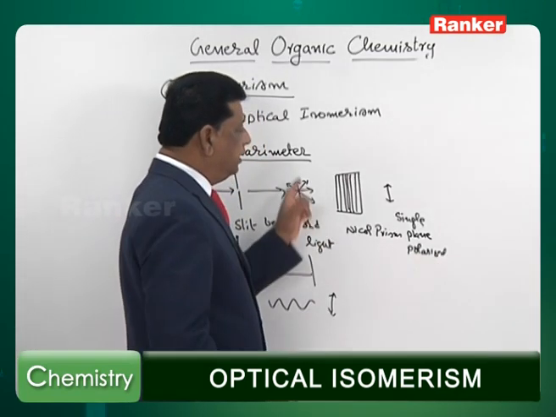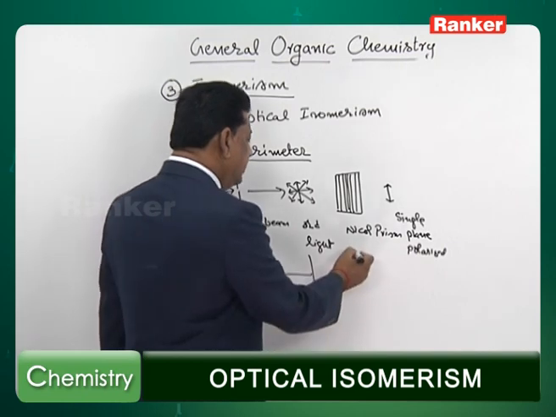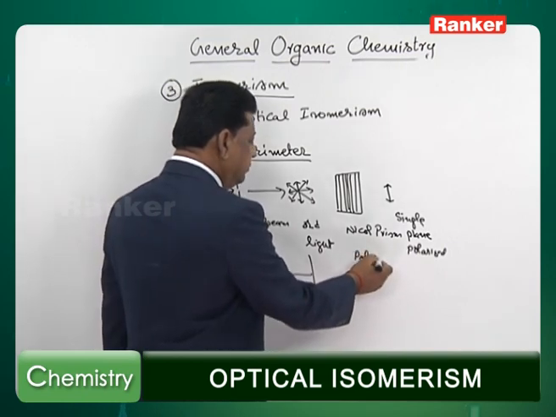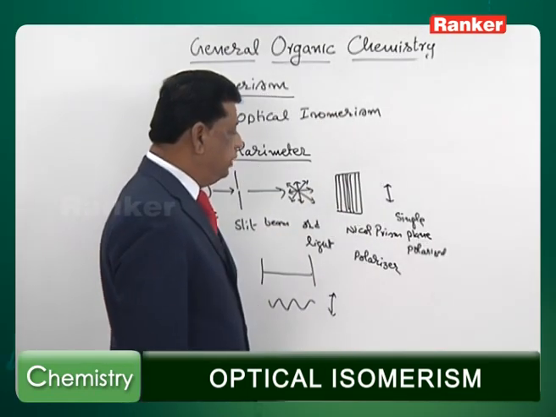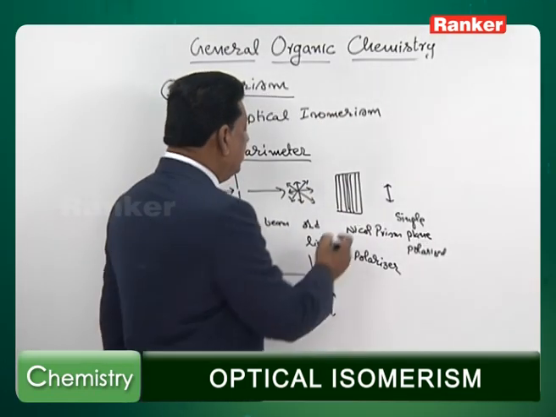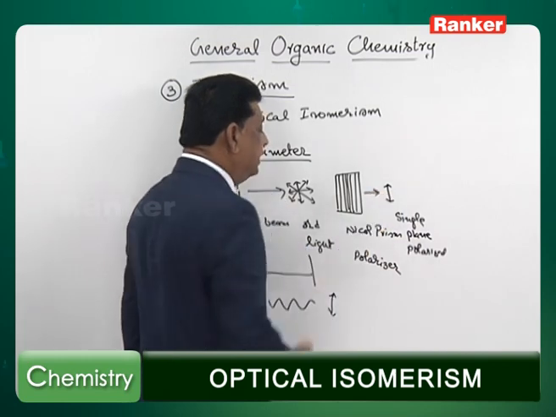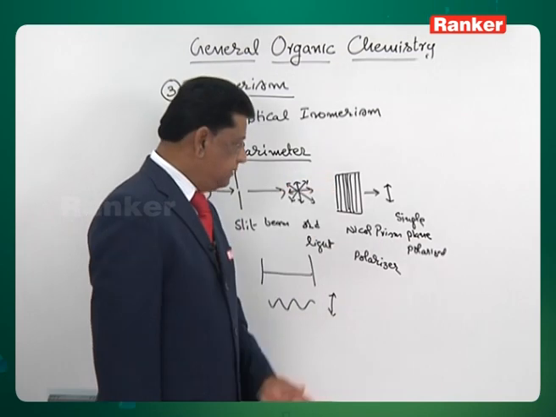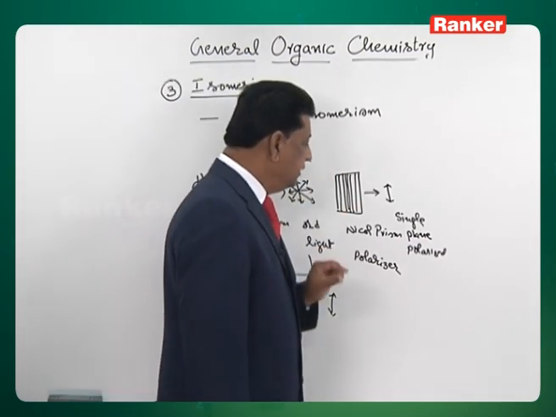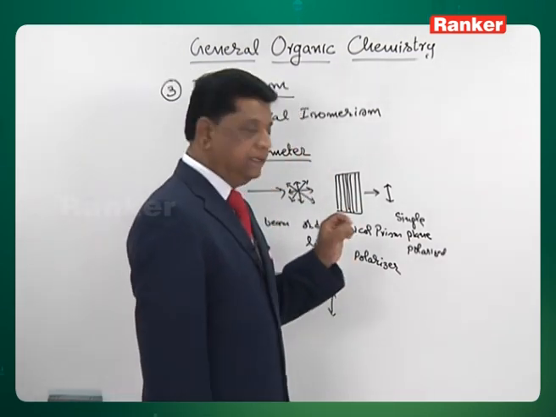Now, this is working to produce this, therefore I call it a polarizer. So when ordinary light is passed through a polarizer, it produces a light which has only one direction of oscillation. Such a light is called single plane polarized light.